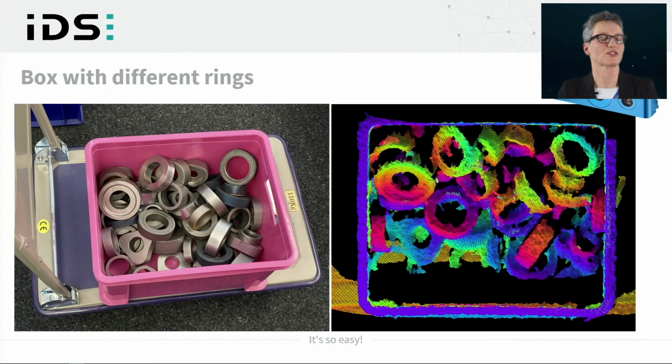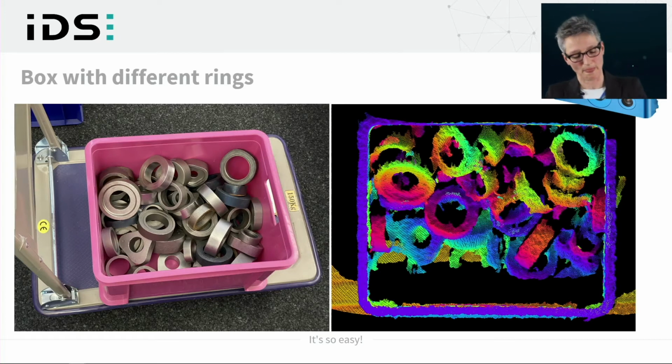In this image, you see a box with rings, and on the right side, the point cloud taken from this scene. You can use the point cloud here, for example, if you want to separate the rings. You see that the rings are not the same.